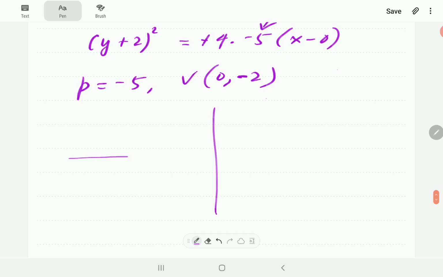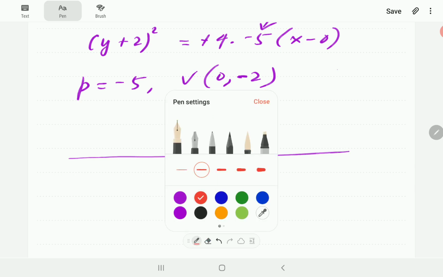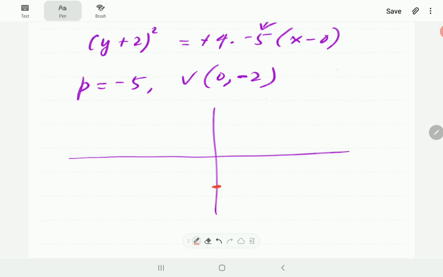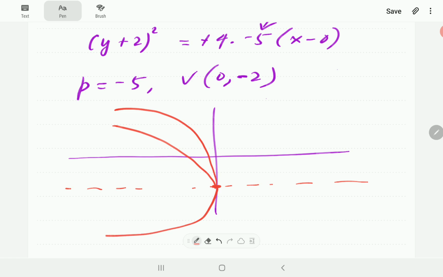So let's do the sketch. So the vertex is going to be at 0, negative 2. The axis is horizontal. P is negative, so that means this thing is opening to the left.